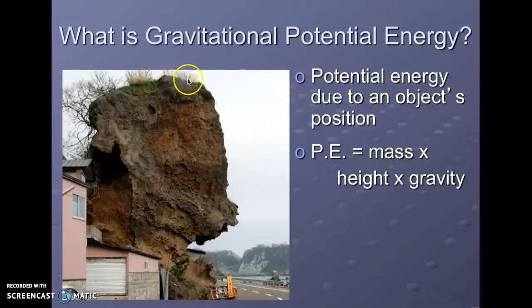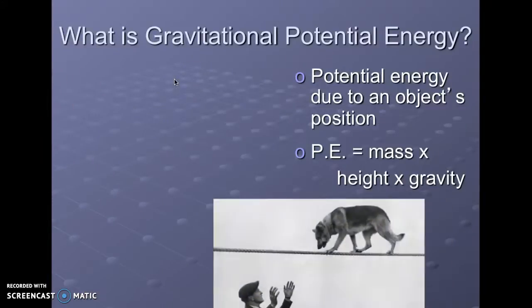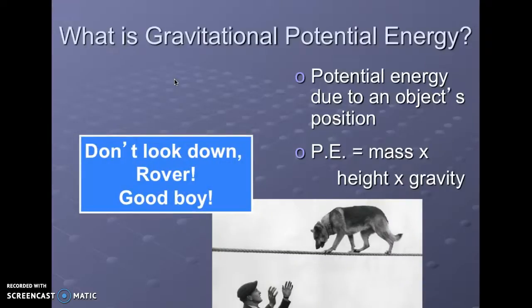So the higher up I am, the more gravitational potential energy I have. So if we look at this dog on this tightrope, Rover, he actually has an increase in his gravitational potential energy because he is high off the ground. So anything that is above the ground is going to have an increased gravitational potential energy.